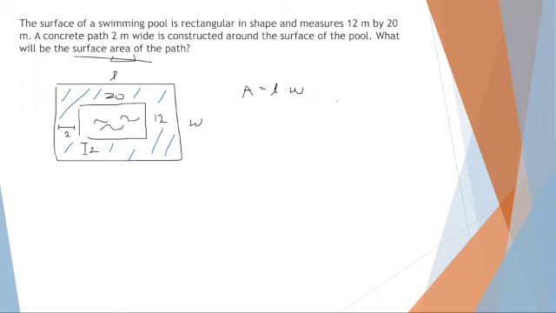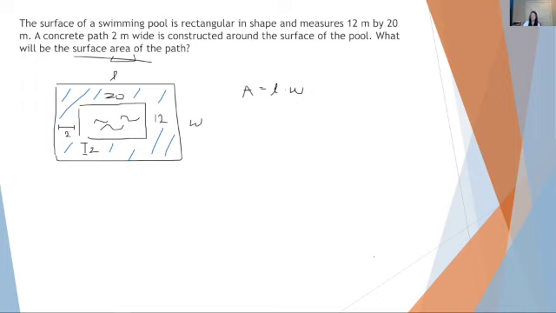That is 308. And the swimming pool has an area of 20 times 12, which is 240. And then you just have to find the difference, which is 68. Is that right?